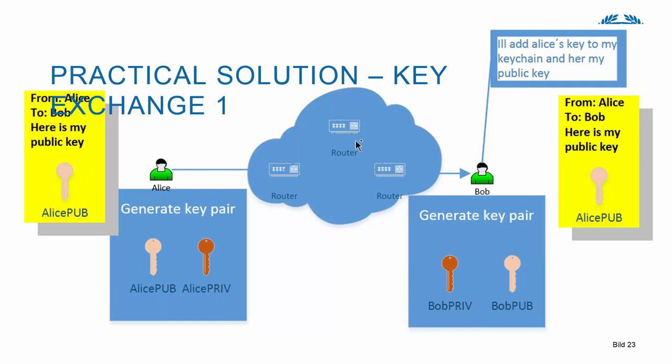So how this works in essence is that if Alice and Bob want to communicate, each of them will generate a public key, private key pair, and then they will send over the public key to the other party. So eventually both parties will have their private key, their public key, and the opposing party's public key as well.